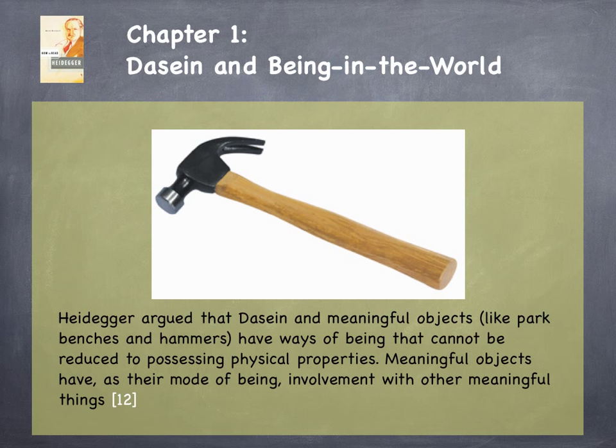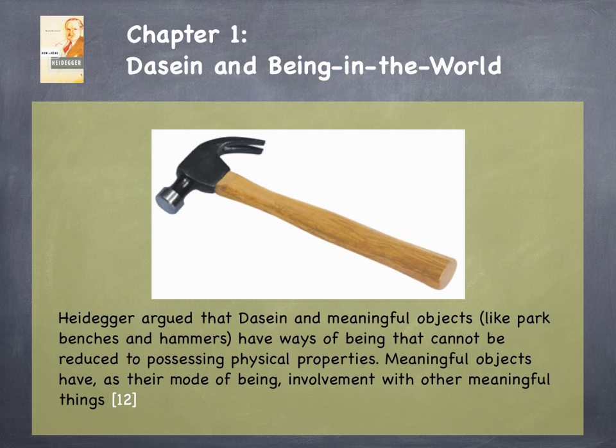Well, Heidegger argued that Dasein and meaningful objects, like park benches and hammers, have ways of being that cannot be reduced to possessing physical properties. Meaningful objects have as their mode of being involvement with other meaningful things. If my reading of these texts is annoying, just press the pause button and read it yourself. I hope you're doing that.